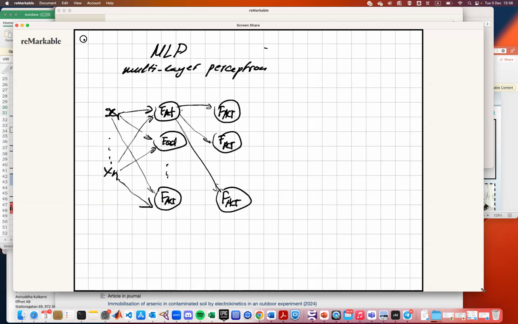But at the end, it all converges to the same goal of computing a class score. And you have several of such classes.